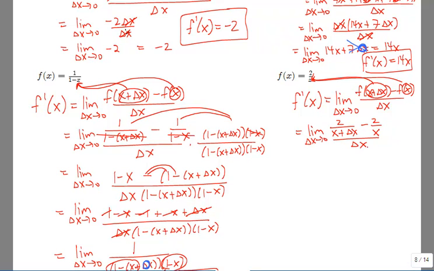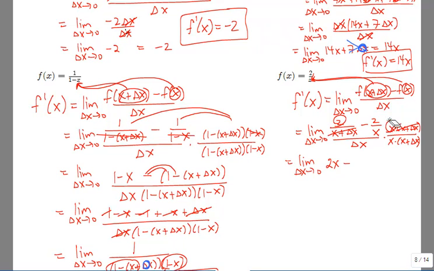And we have another complex fraction. So just like in the last example, you want to multiply by this common denominator, which is the x plus delta x times the x. And you want to multiply by that on the top and on the bottom. So when I multiply this first fraction, the x plus delta x's cancel, leaving me this 2 and this x.